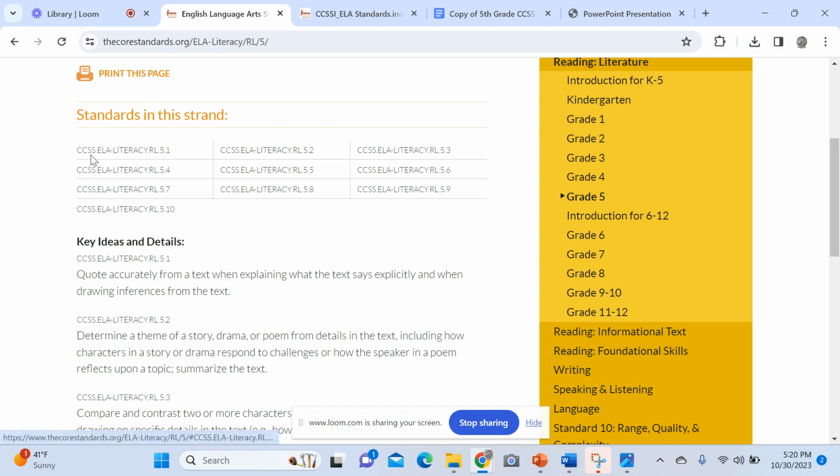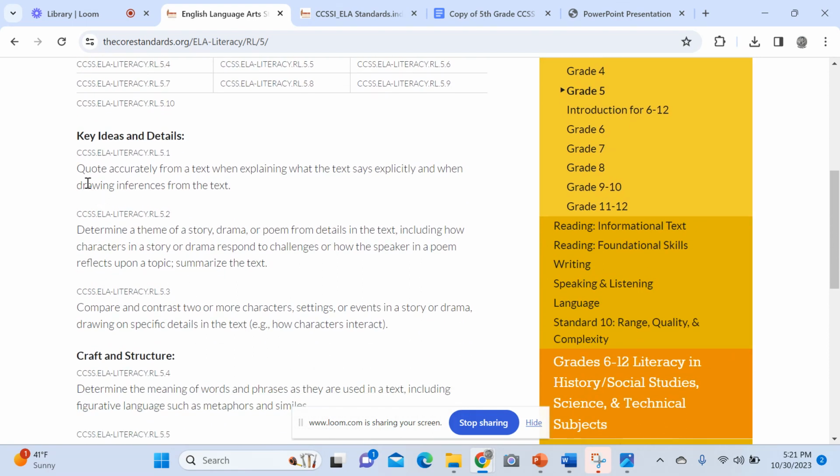Again, those abbreviations are Common Core State Standards, English Language Arts, Literacy, Reading, Literature, grade 5, standard number 1. My standard for this one is to quote accurately from a text when explaining what the text says explicitly and when drawing inferences from the text.